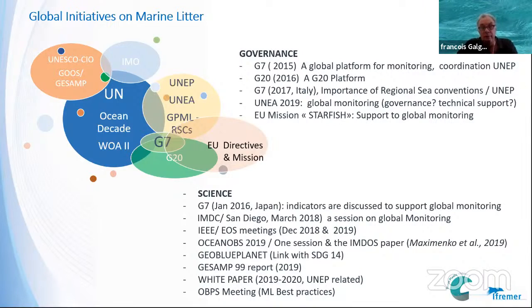The following year, the G20 also launched its marine litter platform, and then it was stated in 2017, under the presidency of Italy, that all global initiatives, especially regional sea conventions, that contribute to a more global assessment are important in terms of monitoring marine litter.